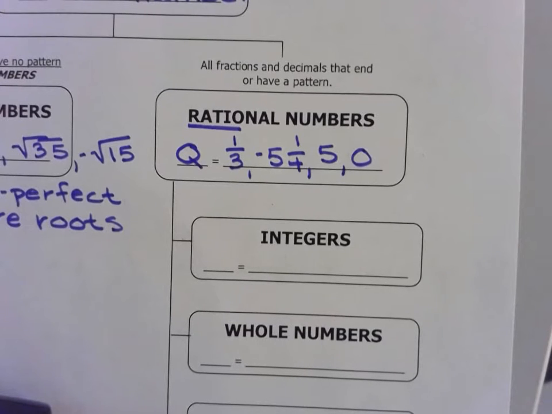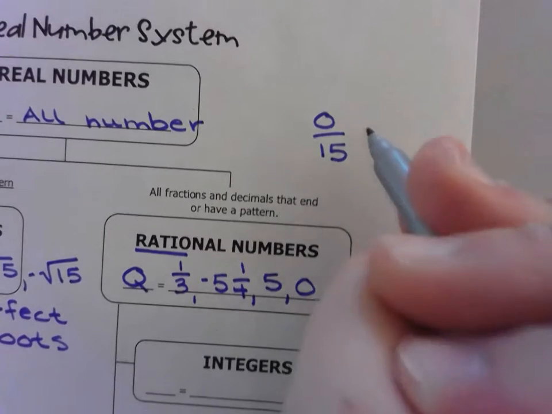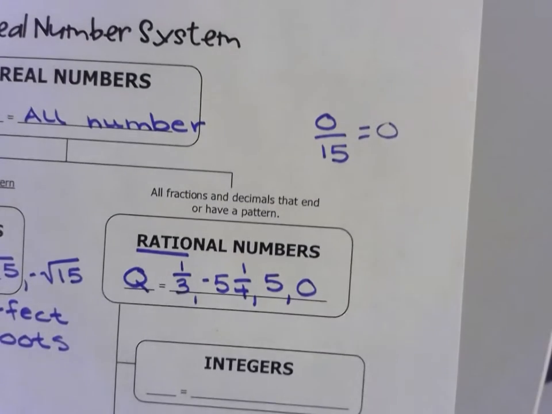But where can I put 0 in a fraction to give me 0? 0 divided by anything gives me 0. If I have 0 over 2 or 0 divided by 3, it gives me 0. So 0 is rational because I can put it over any number and that will give me 0.